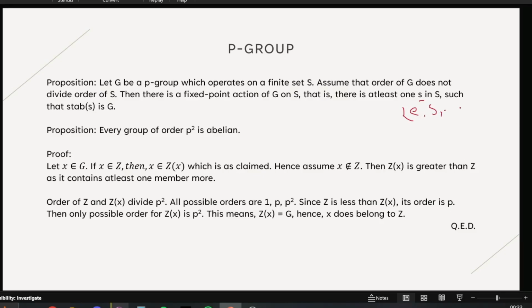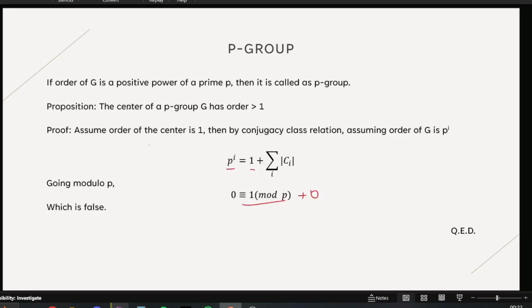It can also have other elements. So there is at least one such element S. That is the generalization of the previous statement.